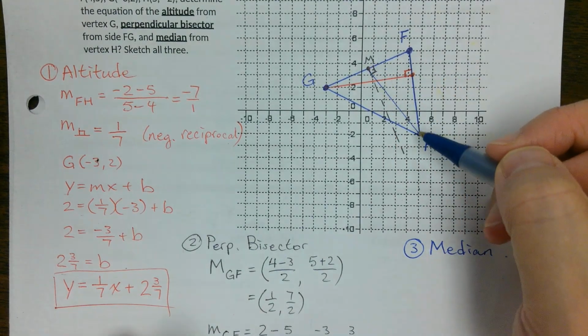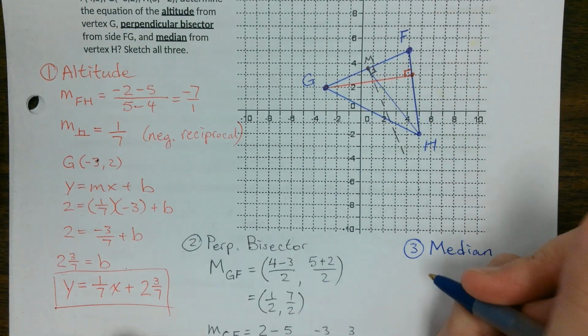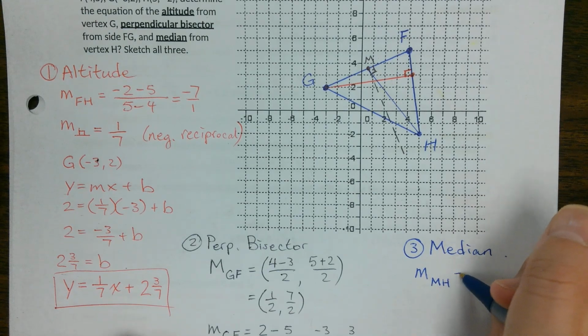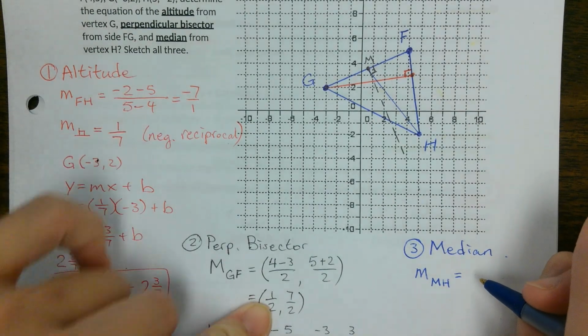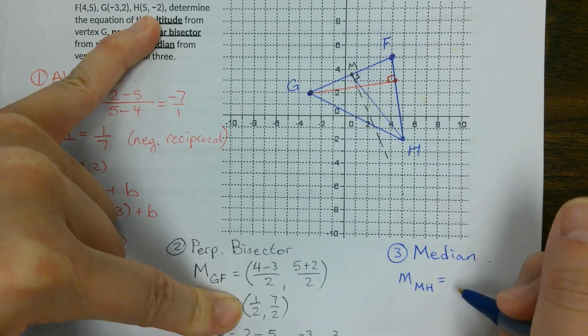Now I need to find the slope of this blue line right here. Well, I know M, I know H, I can find that slope. So I'm looking for the slope between M and H. M was this, H was this. Ooh, ugly numbers.